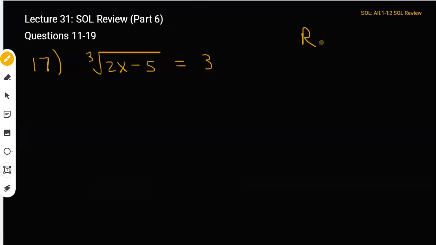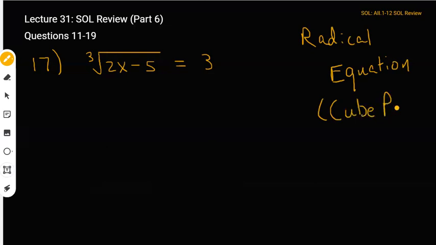This is also a radical equation, and you can tell because we have a radical sign on the left. But this one's going to be a cube root. So it says the cube root of 2x minus 5 is equal to 3.